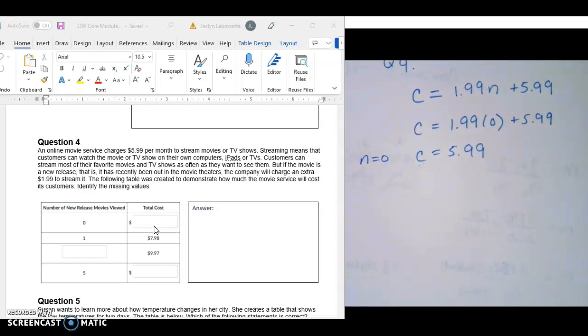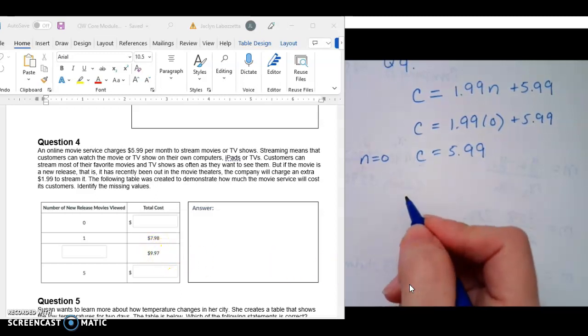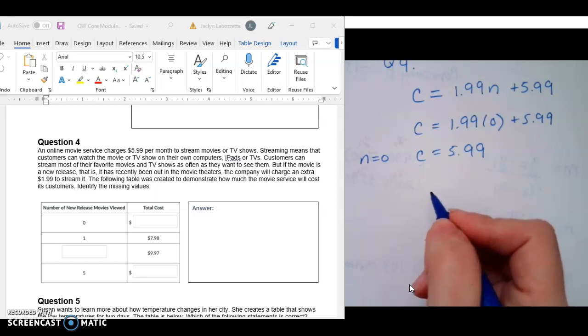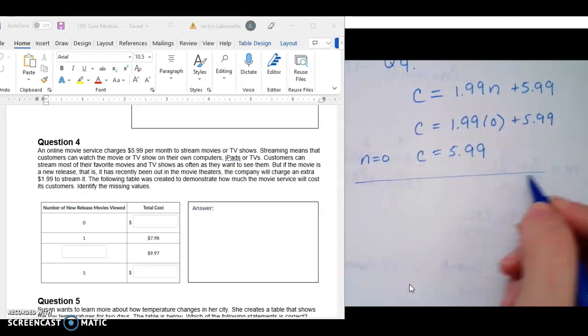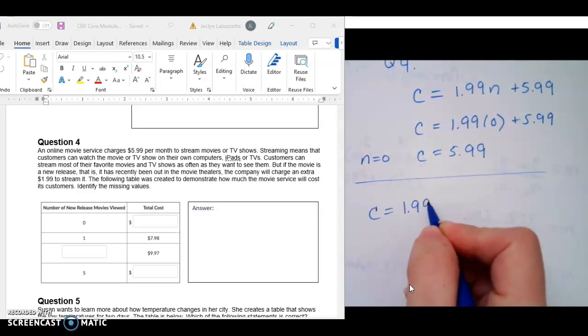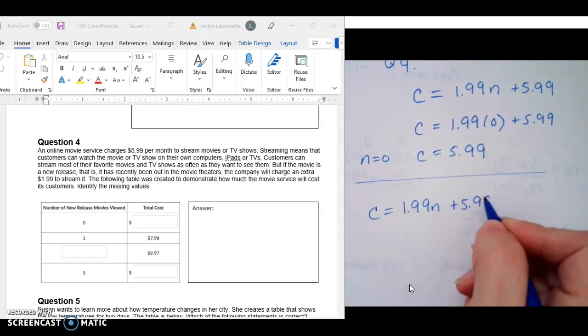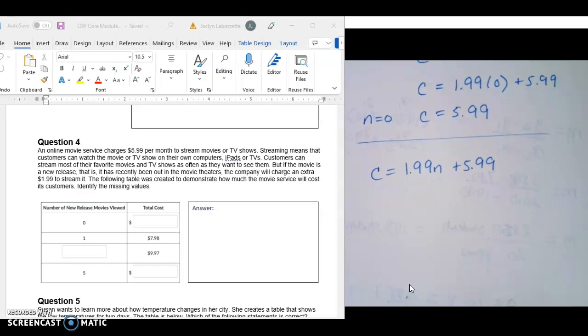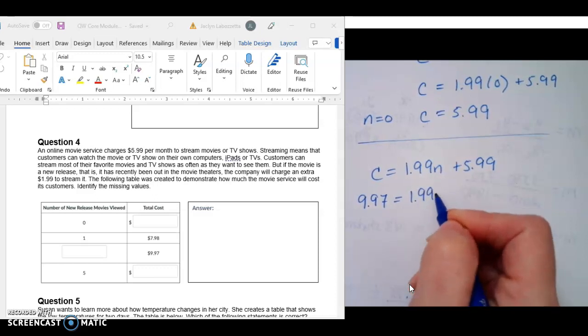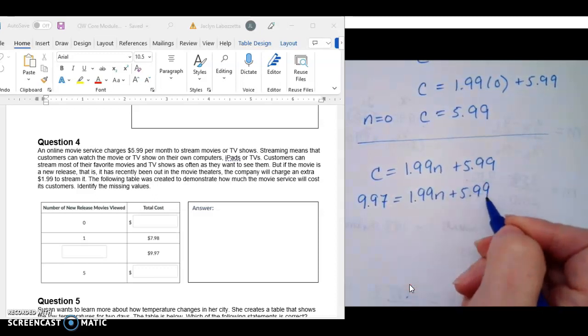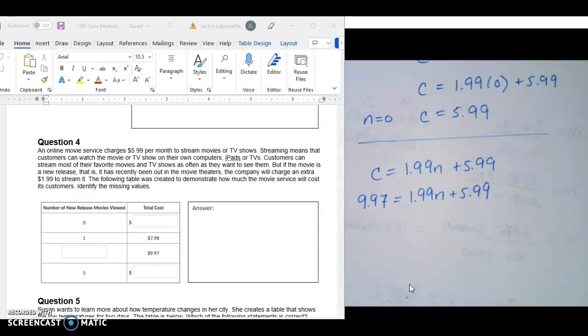For the second row, everything is filled in for us. The third row here, the total cost, C, is $9.97. So we want to find what N is when C is $9.97. So taking this equation, I'll just rewrite it for a moment. We are replacing the C with $9.97, and we're looking for N. Since N is not isolated, we want to solve that.